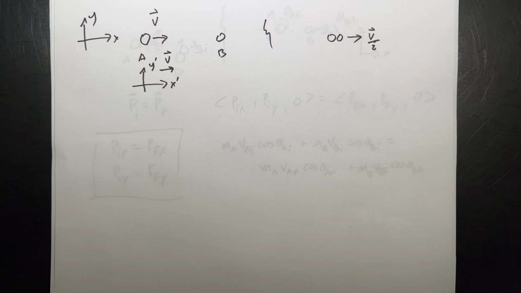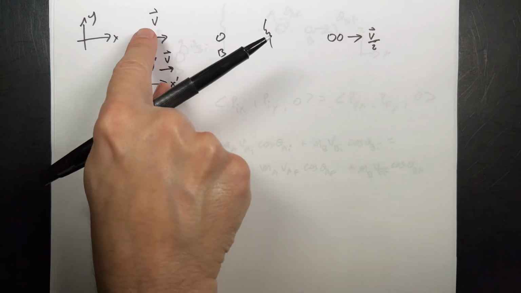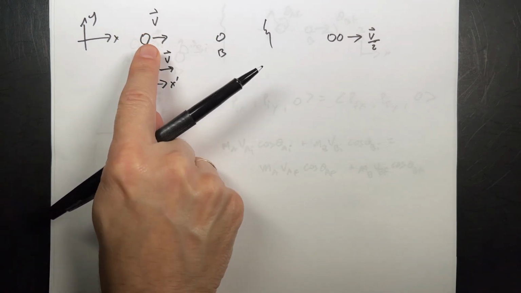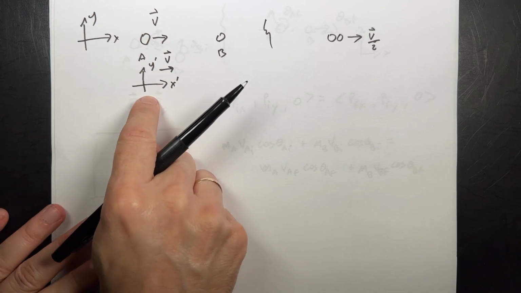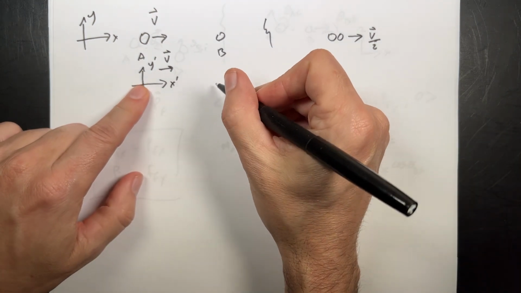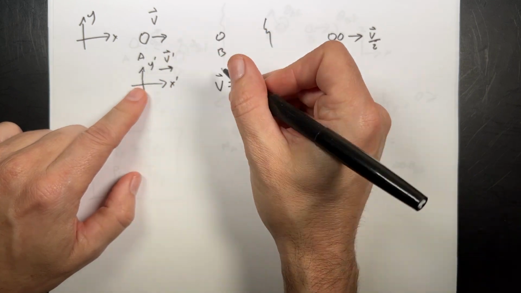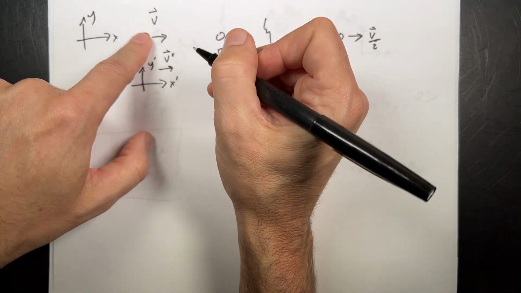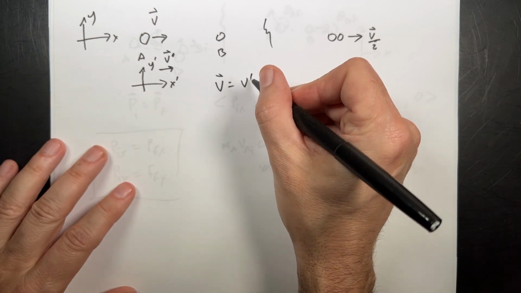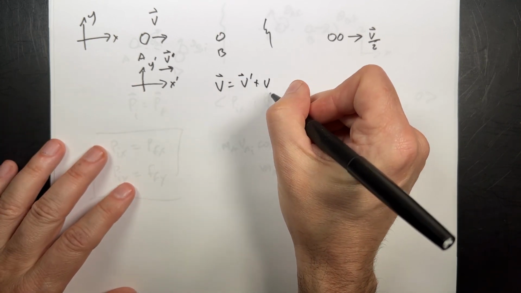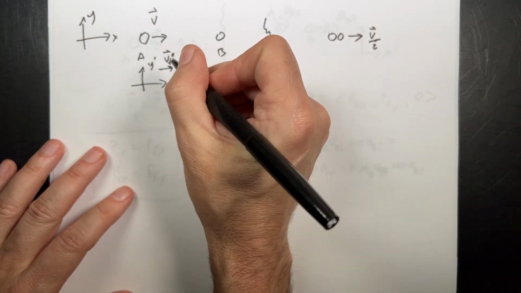So the question is, how do I make a translation? How do I represent this moving object in this new reference frame? Well, the velocity v is equal to the velocity in the reference frame, v prime, plus the velocity of the frame, we'll call that vf.